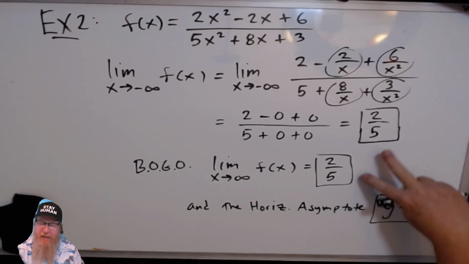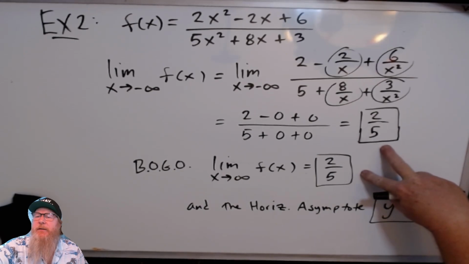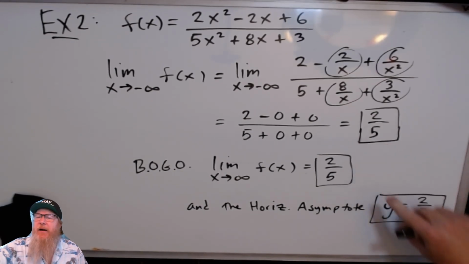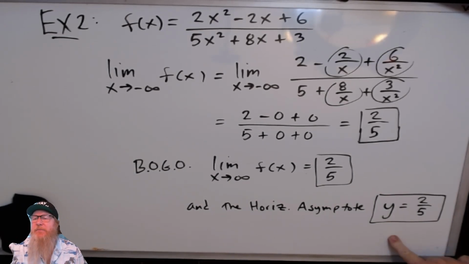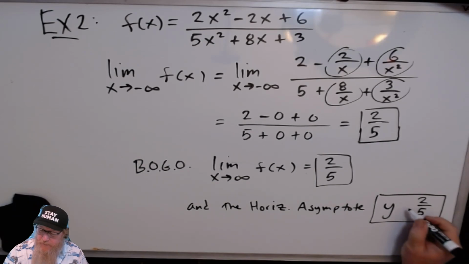Be careful. Limits are just numbers, 2/5. Now, the asymptote is an equation, y equals 2/5.